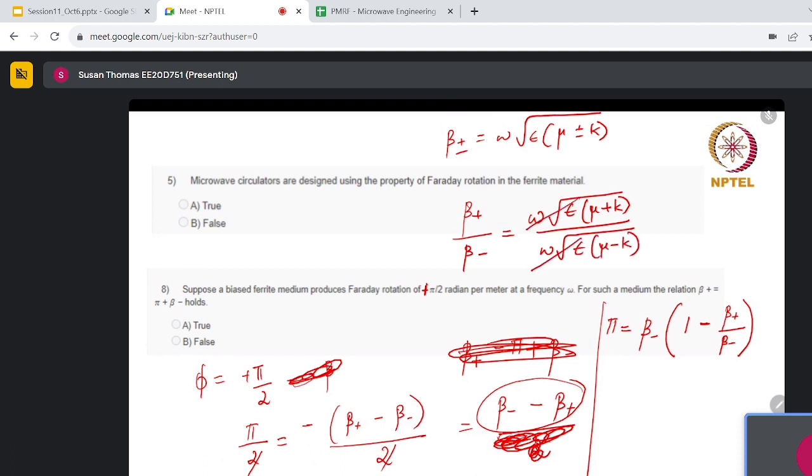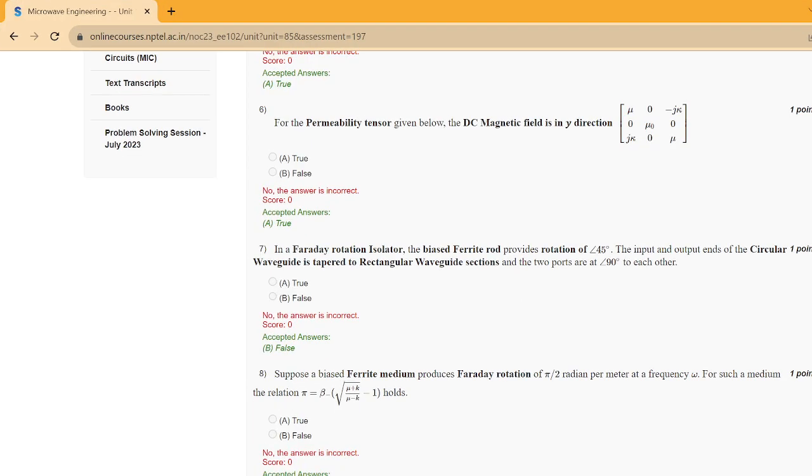So omega root epsilon will cancel, and the ratio will be root of mu plus k by mu minus k. So beta minus into 1 minus root of mu plus k by mu minus k. Is this the answer option? The option is correct, right?